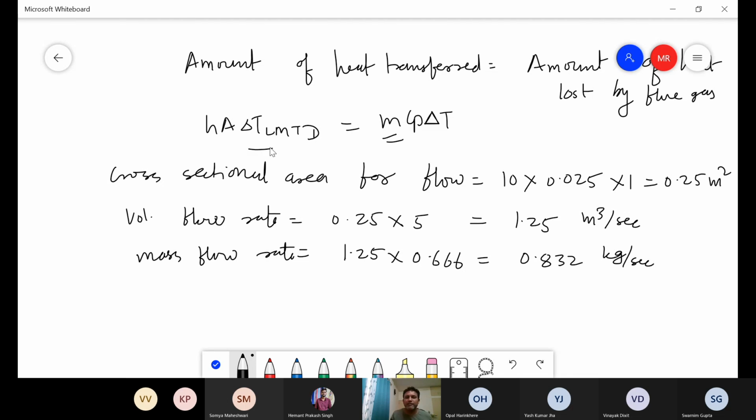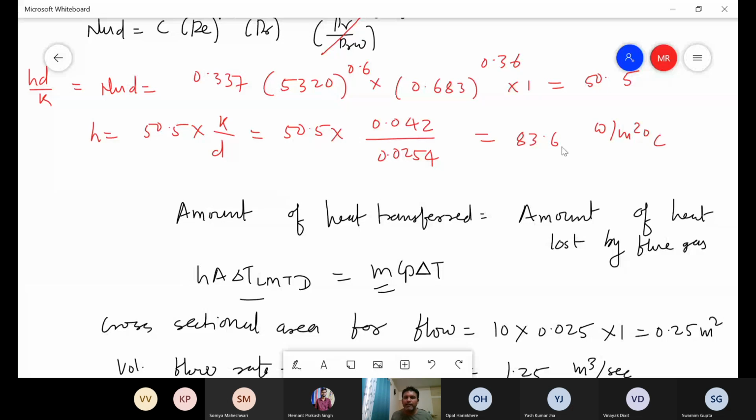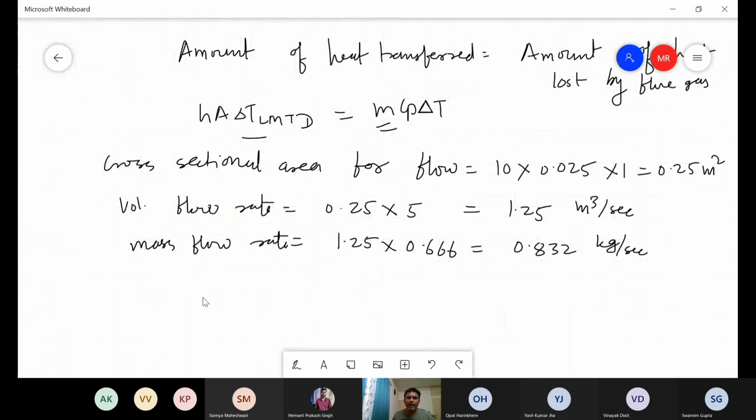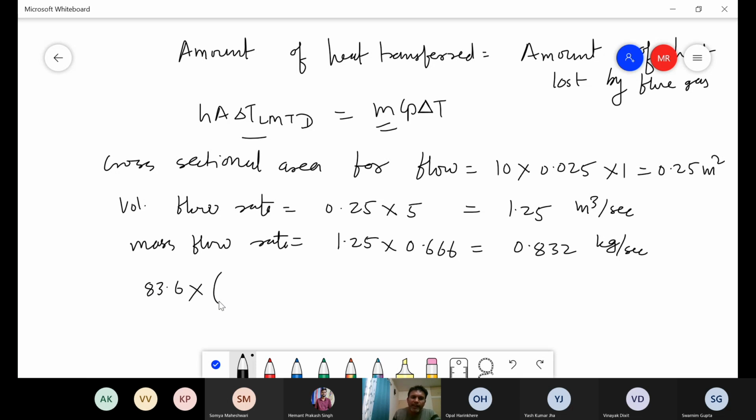Okay, now let us make this balance. Now H we have already calculated, isn't it? If I go back at the top, H we have already calculated. So H is 83.6, isn't it? So I am just making the balance again here. 83.6 into area. What will be the area? Now this area is the area for heat transfer. This area for heat transfer and this AC are not the same. AH is the area for heat transfer. So what is the area for heat transfer?